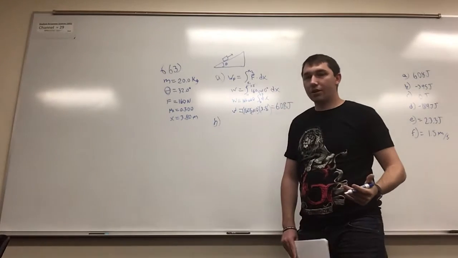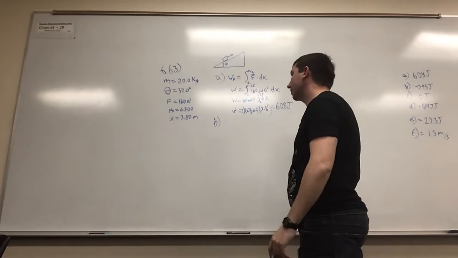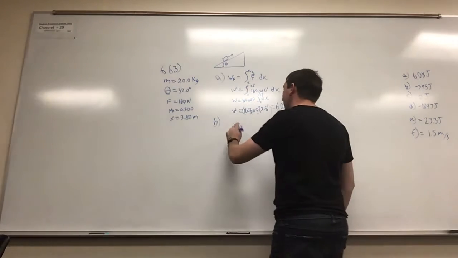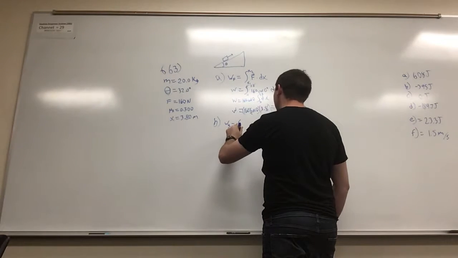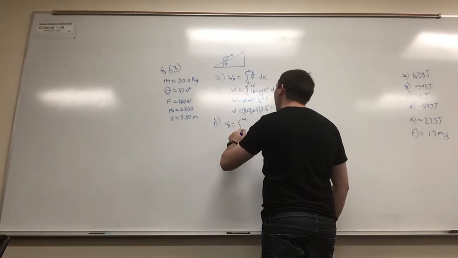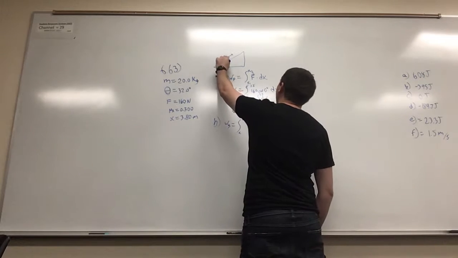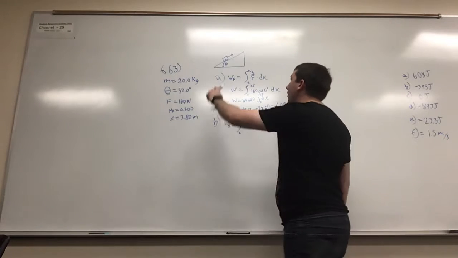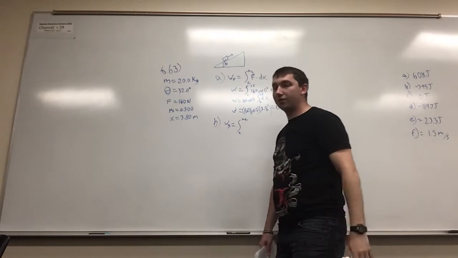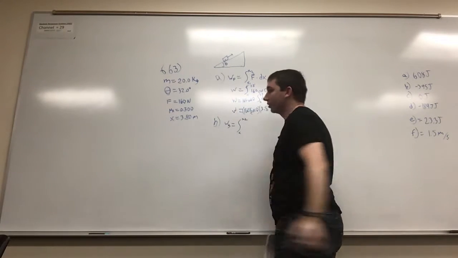So then part B wants to know the work done by the gravitational force on the suitcase. So, we know that the work of gravity is going to be equal to the integral of the force over the distance, x1 to x2, and then because gravity works on the center of mass down, the component of the gravitational force that's going to be acting in the direction of the inclined plane is going to be sine of the angle of the ramp.